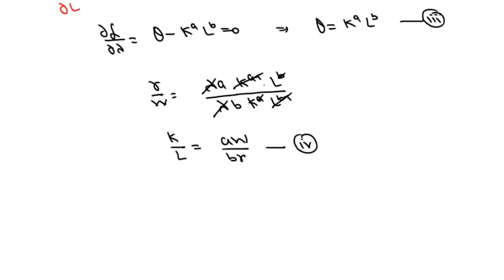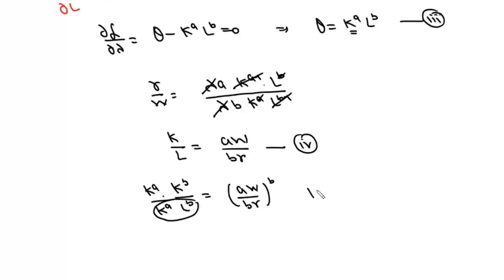Now from this we need to find K and L, and we know that K to the power a into L to the power b is q. So we'll take this function to the power b on both sides. We can write K to the power b upon L to the power b will be equal to aw upon br whole to the power b, and then we'll multiply and divide by K to the power a on the left hand side. Now K to the power a into L to the power b is nothing but q.